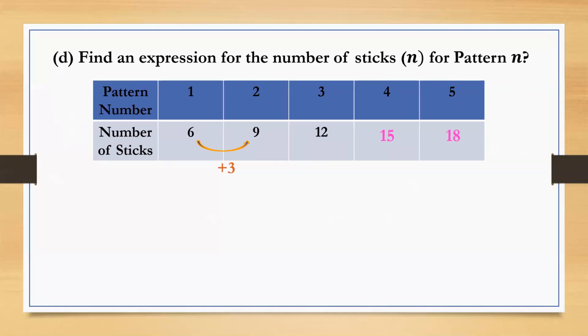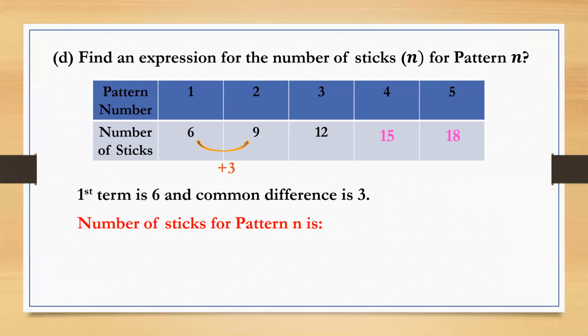We are adding 3. So the first term here is 6 and the common difference is 3. So the number of sticks for pattern n is 6 plus 3 into n minus 1. And simplifying, we will get 3n plus 3.